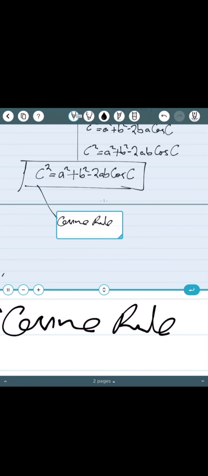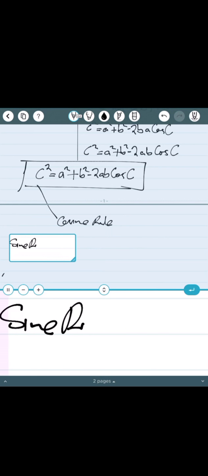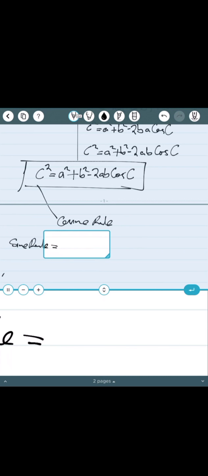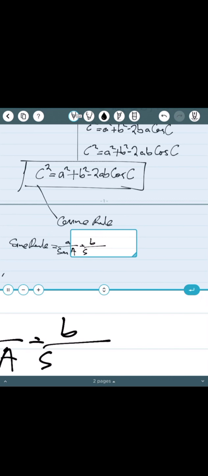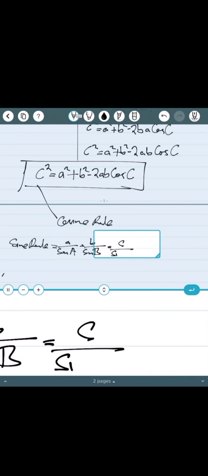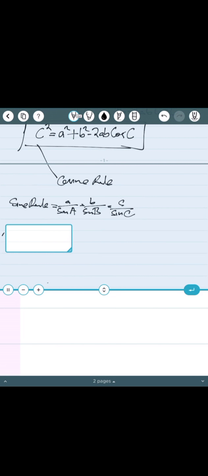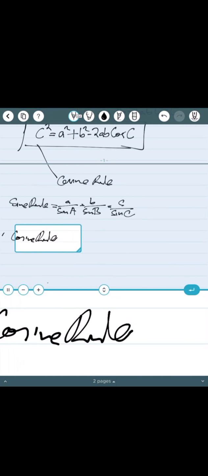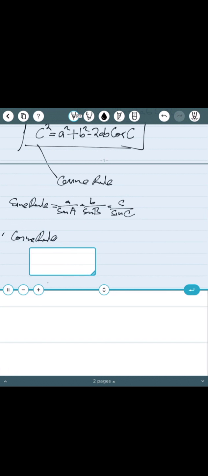And remember earlier on we talked about the sine rule, and we said the sine rule will be a over sine a is equal to b over sine b, which is also equal to c over sine c. And for the cosine rule, we are saying it can actually be presented in a number of ways.